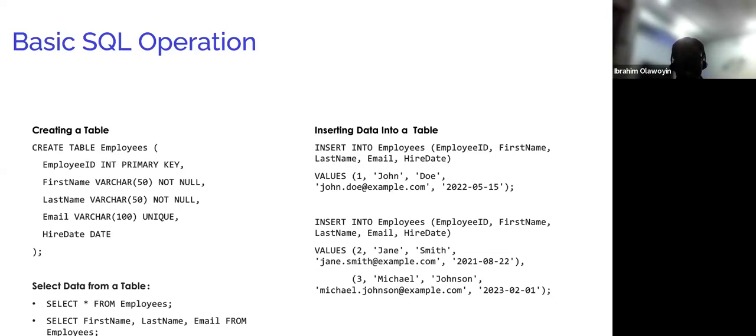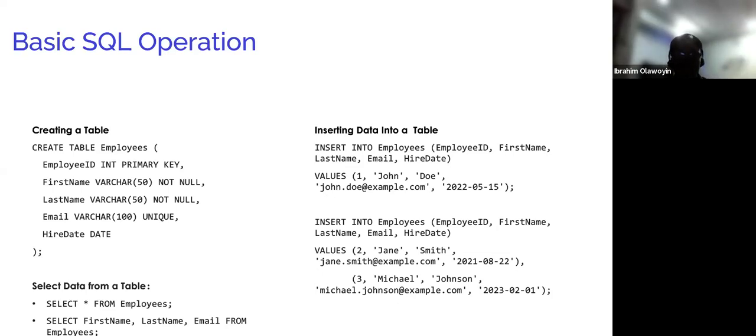It's relative to read, right? So we want to get an employee's record. If we are getting all employees, we can say select asterisk from employees. This returns records of all employees we have in that employee table.